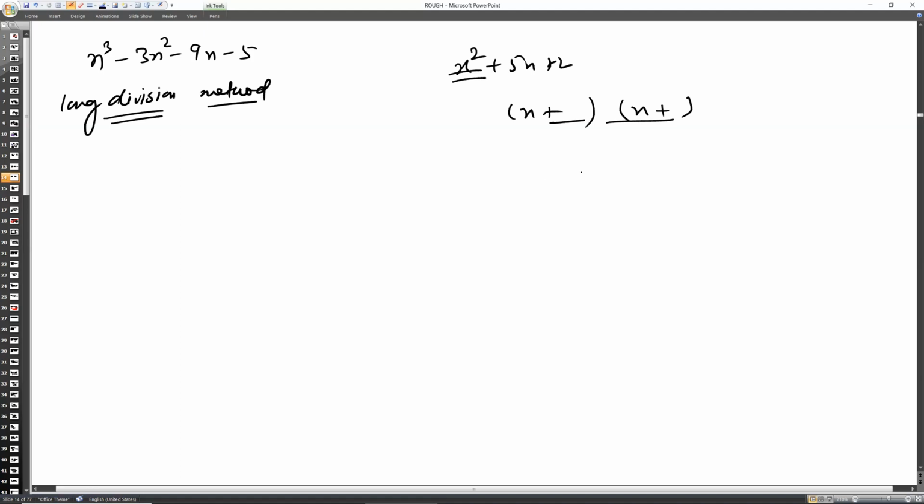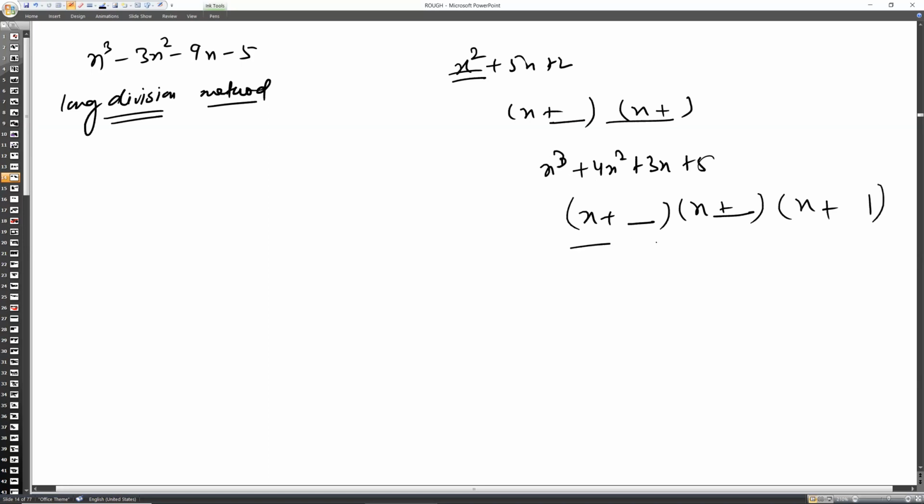If we have a cube, like x cube plus 4x square plus 3x plus 5, then we will have three brackets: x plus something, x plus something, and x plus something. So when we have a cubic term, there will be three brackets. And if we have a quadratic equation, with maximum power 2, then we have only two brackets.